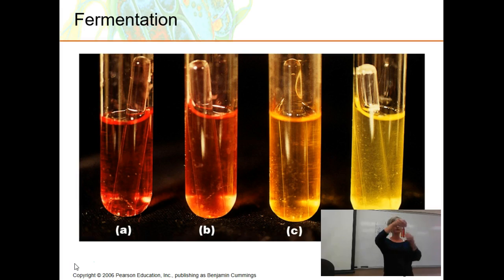So I did this test for us, right? Taking a look at these 2 test tubes. Is this a fermenter? No. I know that because it's still red. If I look inside of it, there's no gas bubble. So this is a non-fermenter, non-gas producer. What about this one? Obviously yellow, right?